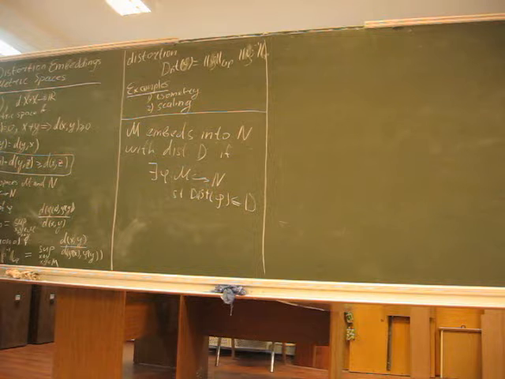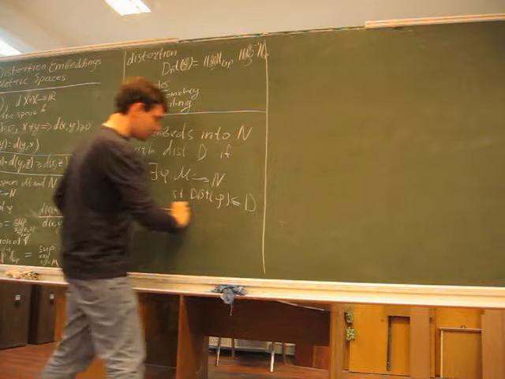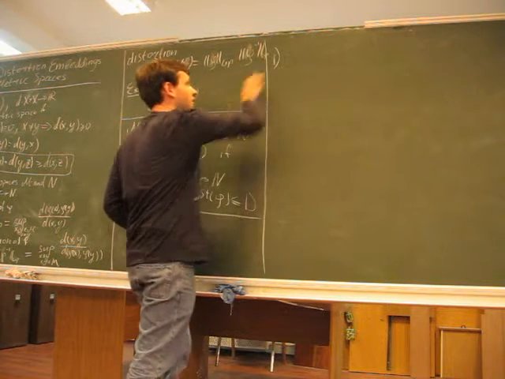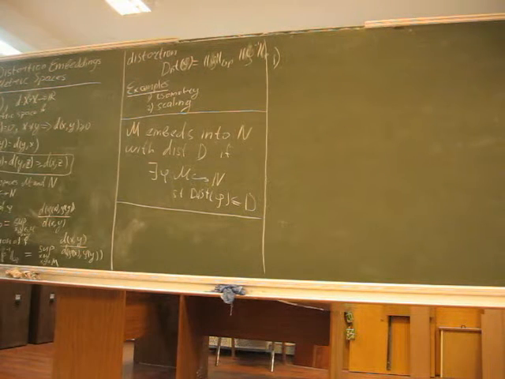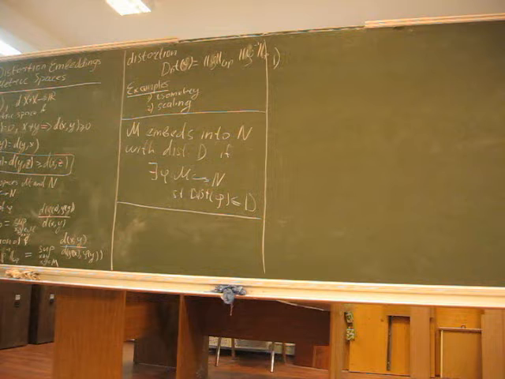Now I'll try to explain why this definition is useful. First of all, one motivation comes from functional analysis: if you just want to classify metric spaces, then it's natural to say that arbitrary metric spaces are similar to subspaces of some well-studied spaces like normed spaces.